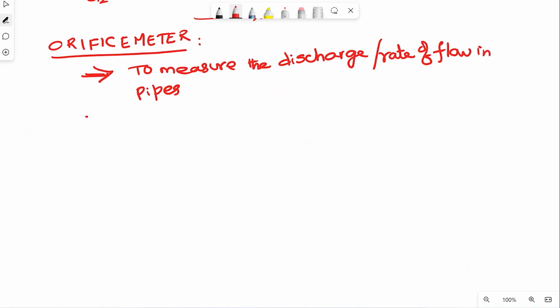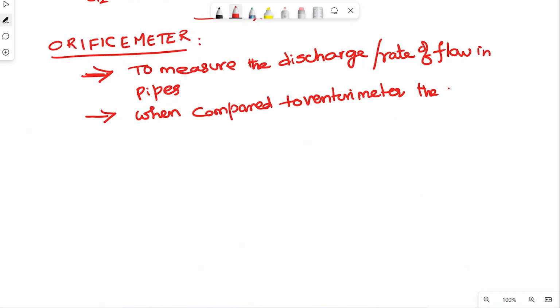Then naturally, when compared to venturi meter, the orifice meter is less accurate. So this is the point which we need to remember.